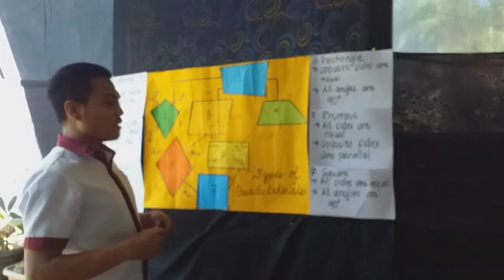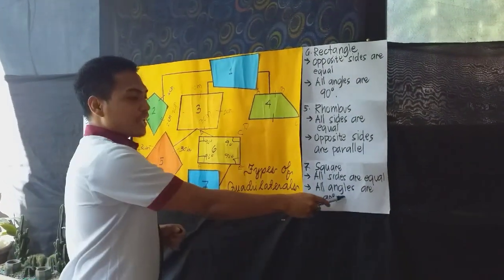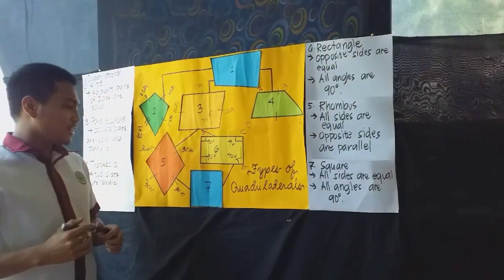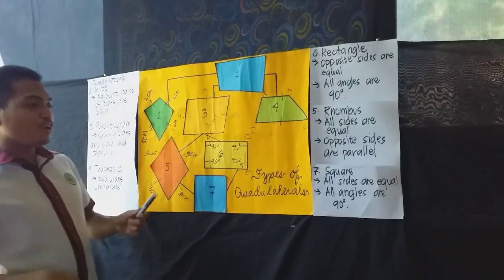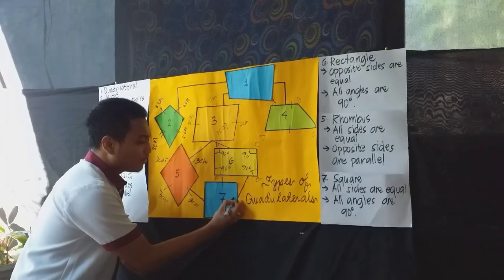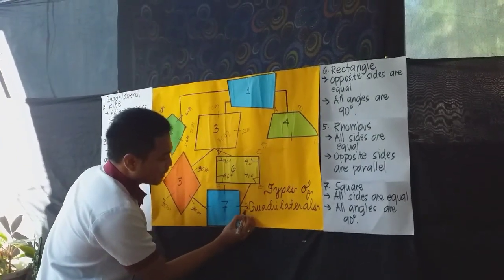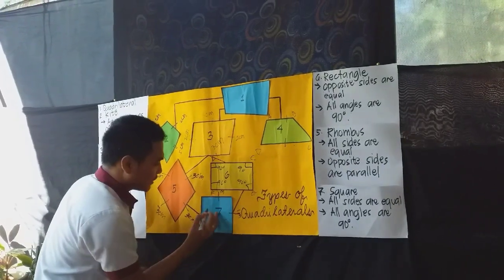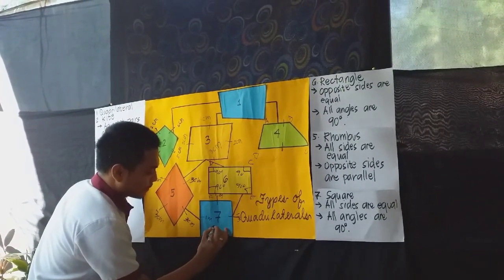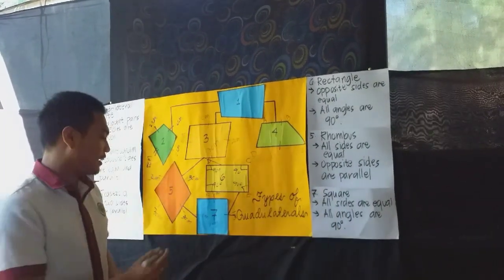The last type is the square. All sides are equal. All angles are 90 degrees. According to the definition, all of the sides of a square are equal. If this is 1 meter, all of them are 1 meter, and all angles are 90 degrees.